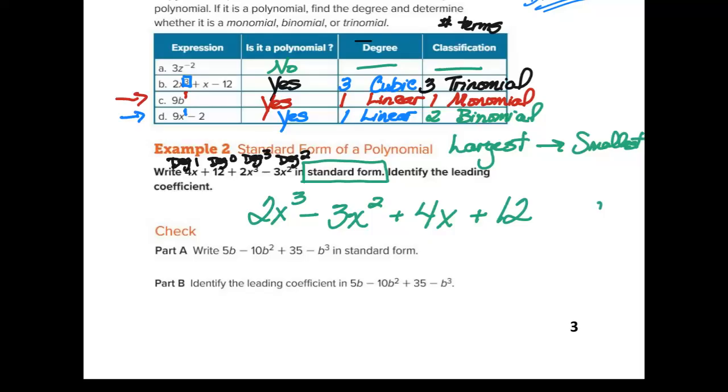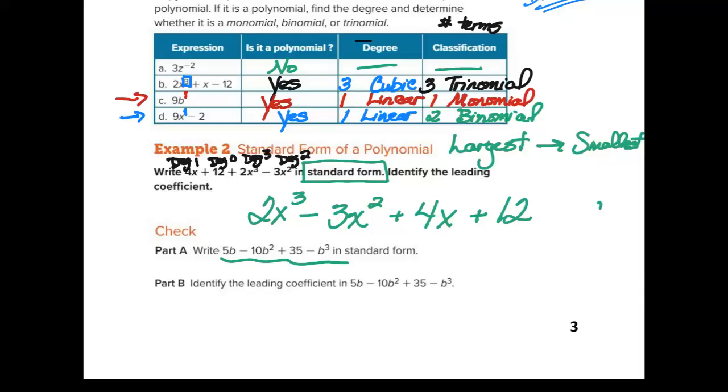Okay? Any questions on that? So in the check for part A, I want you to write this now in standard form, greatest to least, by way of degrees.